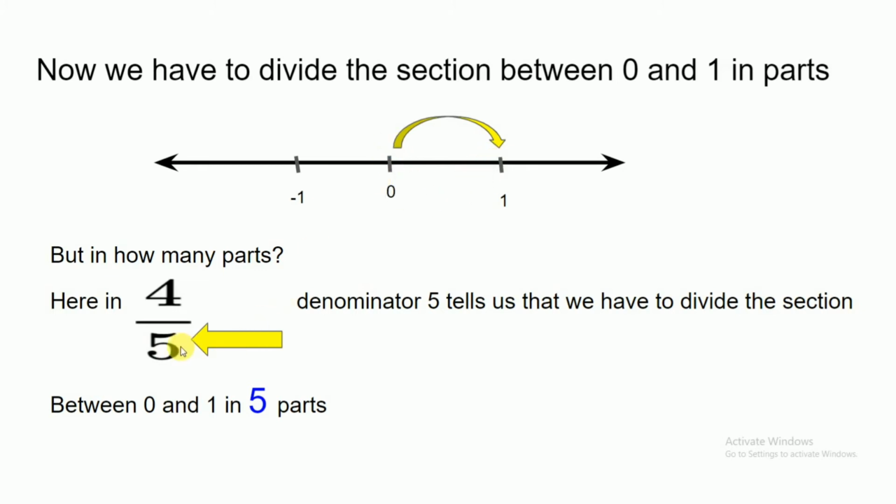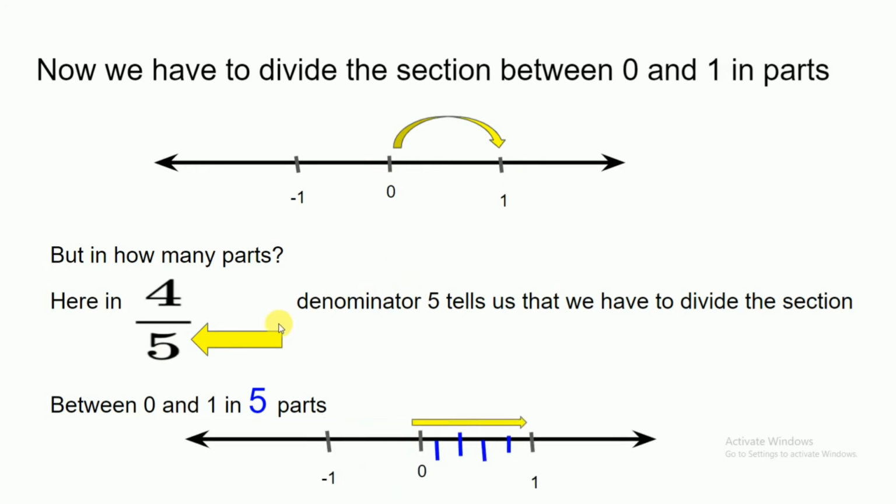If it were 7, we would divide the section into 7 parts. But now here it is 5, so we divide the section between 0 and 1 into 5 parts. Here 1, 2, 3, 4, and we get 5 parts.